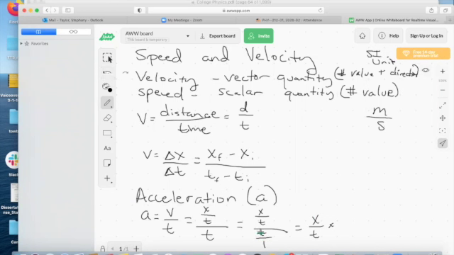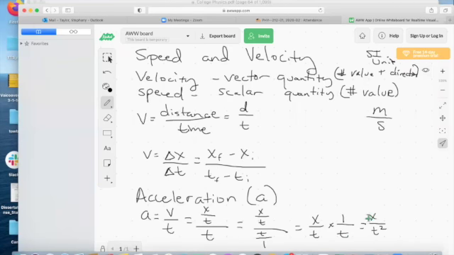What was on top is now on bottom, and what was on bottom is now on top, so that we can multiply instead of dividing. So it's going to be 1 divided by T. X times 1 is simply X, and then T times T. If you remember, when you multiply the exact same variable by each other, you get exponents. So T times T is going to be T squared in the denominator.